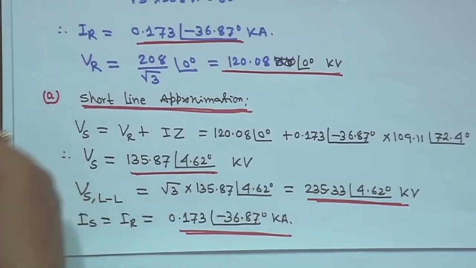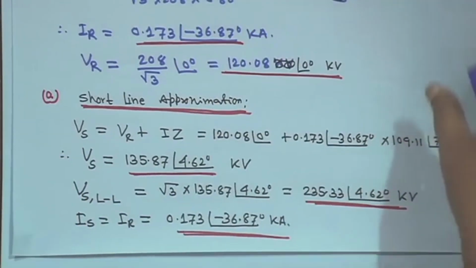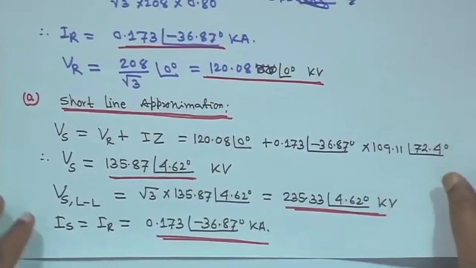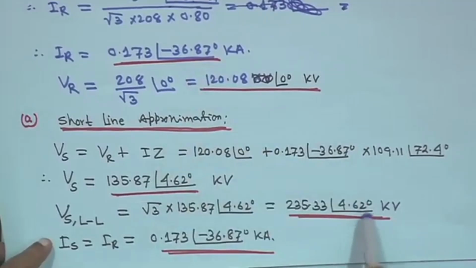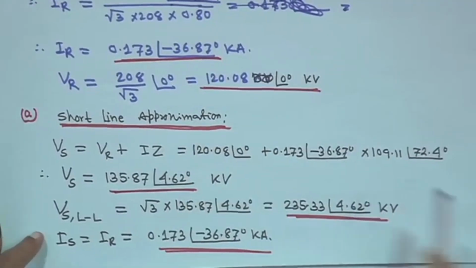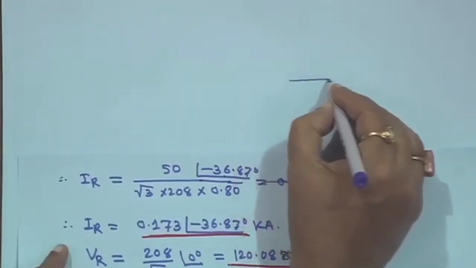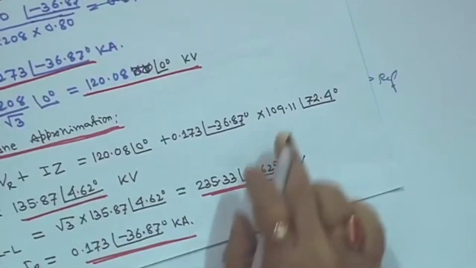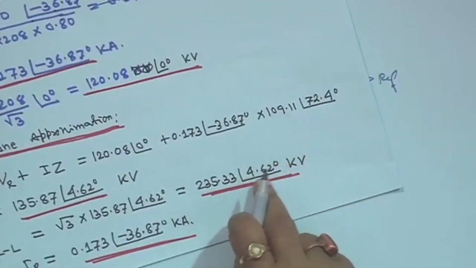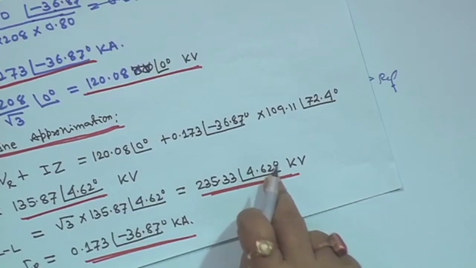Therefore, for the sending end power factor, I have told you that your current angle is minus 36.87 and voltage angle is 4.6. So, once again I am drawing it. Suppose this is your reference line, and your sending end voltage is 235.33 at 4.62 degree.